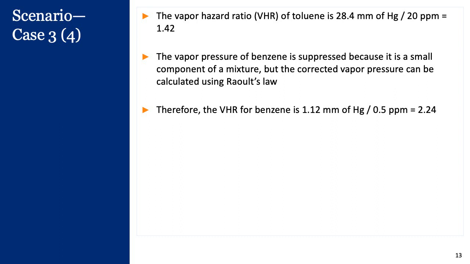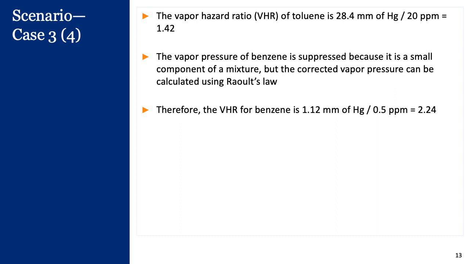So the vapor hazard ratio for benzene is 1.12 millimeters of mercury, which is the reduced or corrected vapor pressure for benzene in a mixture, divided by its occupational exposure limit of 0.5 parts per million. And so the vapor hazard ratio is 2.24.